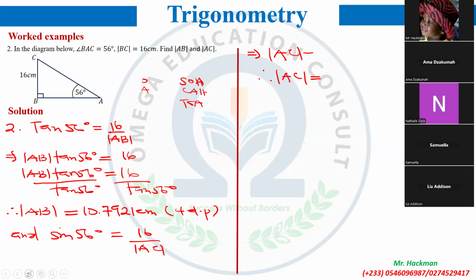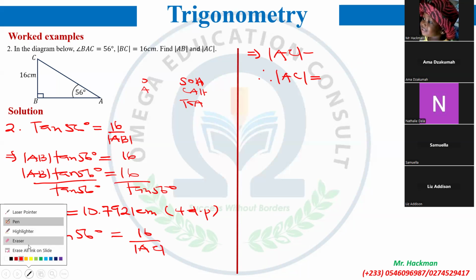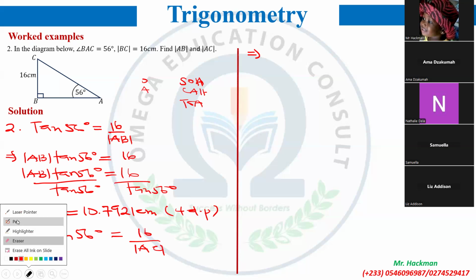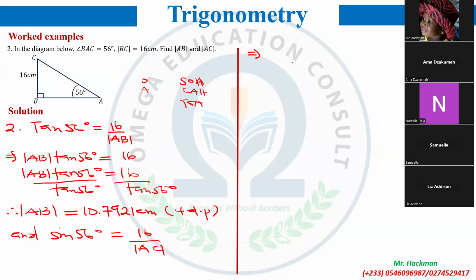Okay, and I guess that one should go. So it is similar to what we just did. I hope you agree with me. The algebra will be similar to what we did above. Is that clear? Okay, so now again we cross multiply. So you get the AC length times sine 56 degrees is equal to 16.